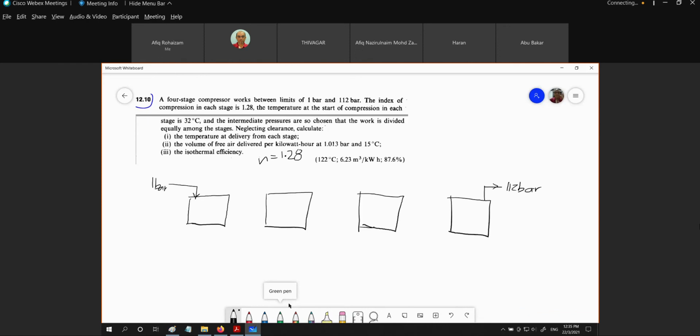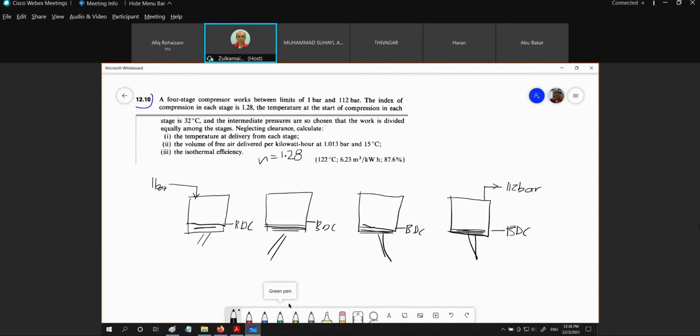Let's say this is our piston. This is our piston at BDC, everything. This is our piston, right? It means now everything should be at BDC. This is our system at BDC. Here is BDC. Here is BDC. Here too, BDC. The start of compression.